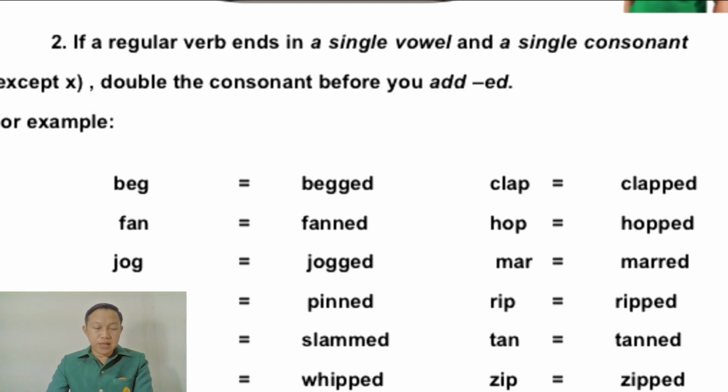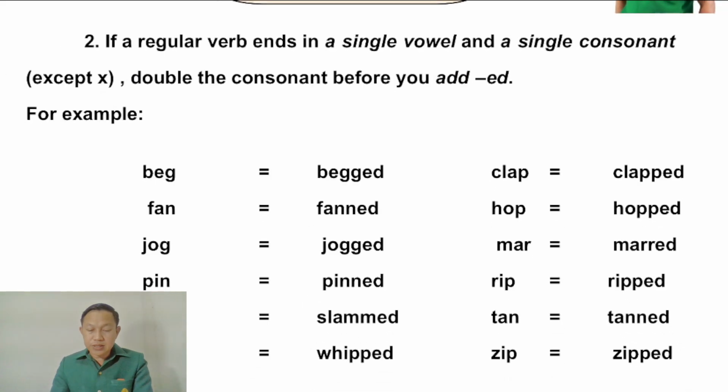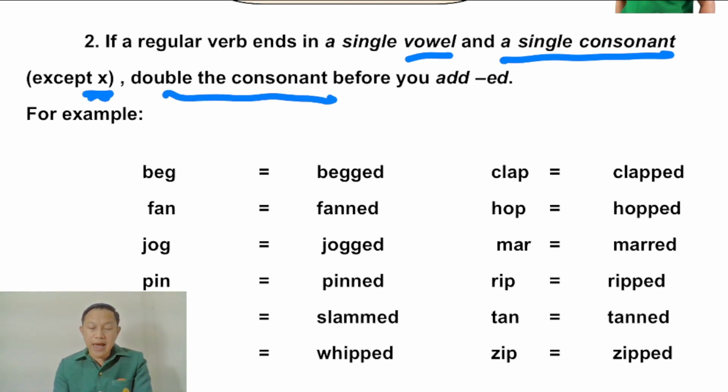If a regular verb ends in a single vowel and a single consonant except x, double the consonant before you add ed.